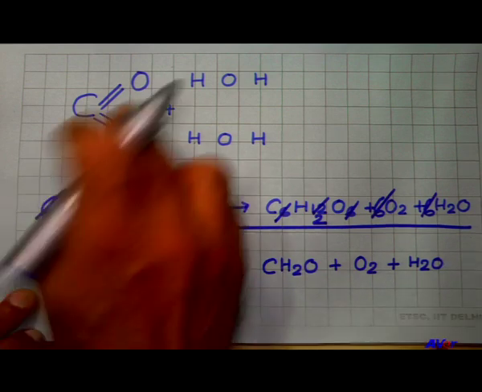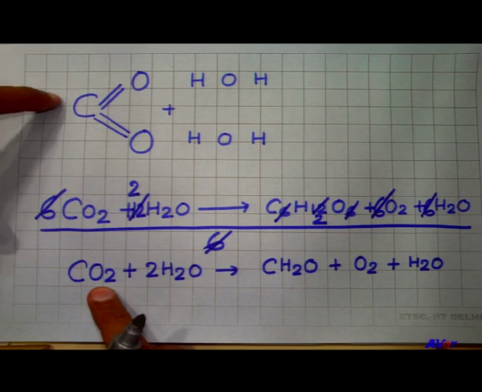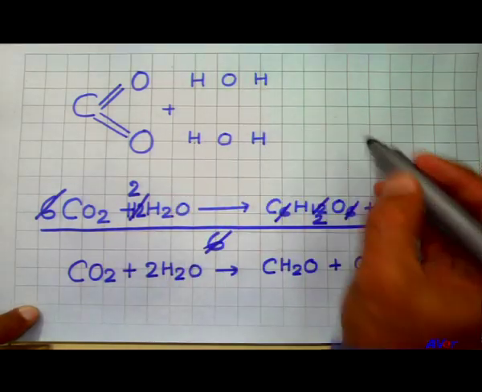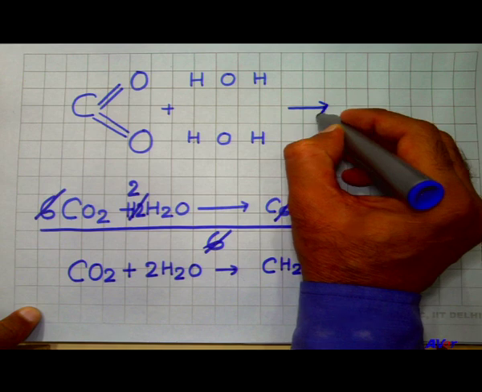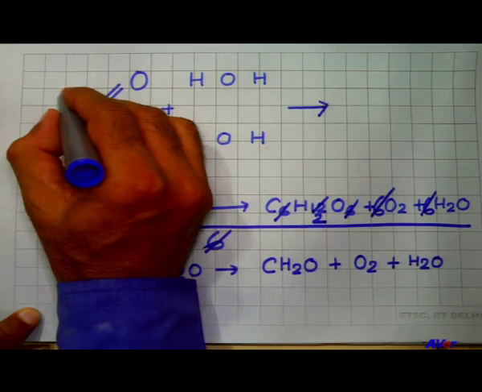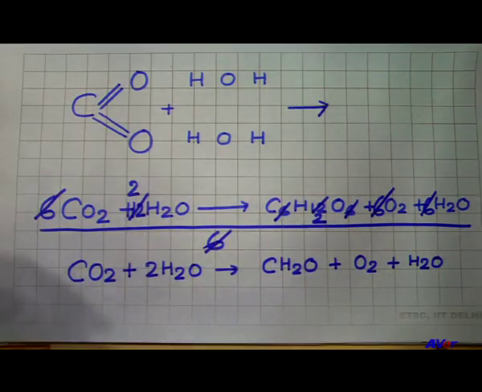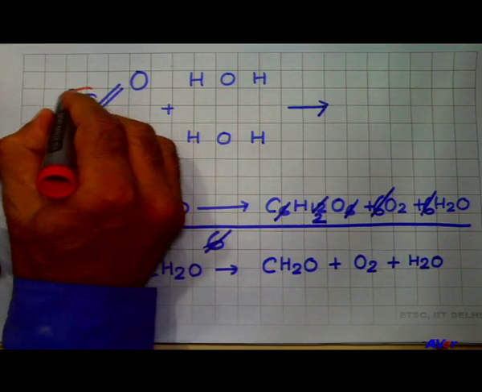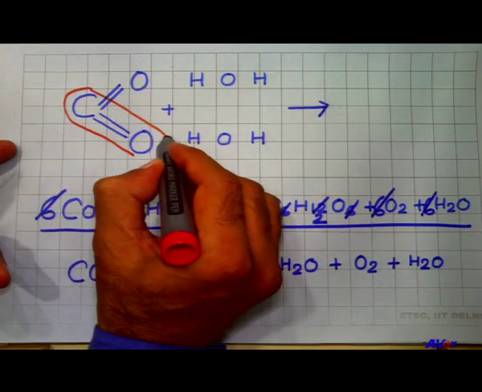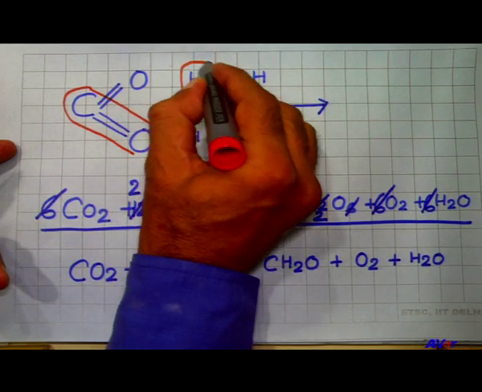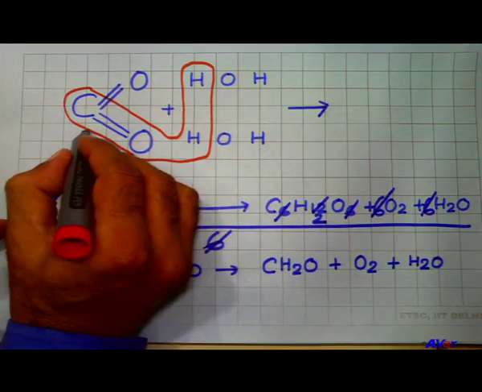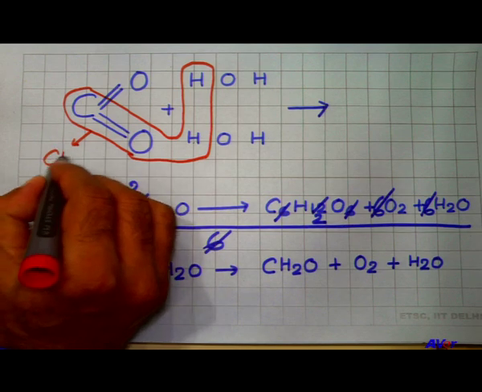So when we simplify this, carbon dioxide and 2 H2O, 1 HOH, 1 HOH, the product that will form, we can write, is CH2O.